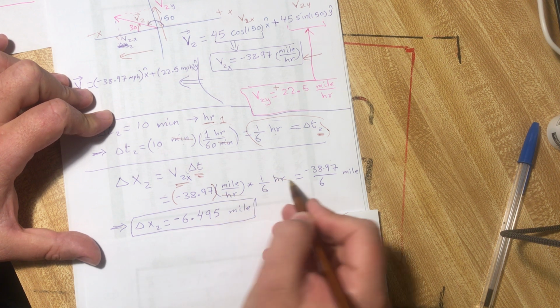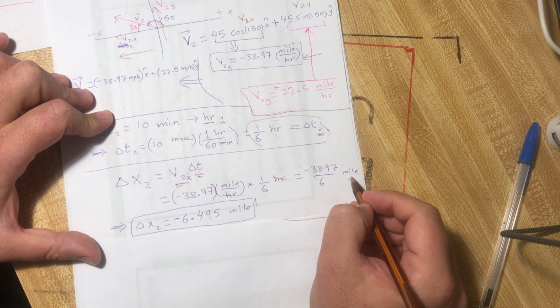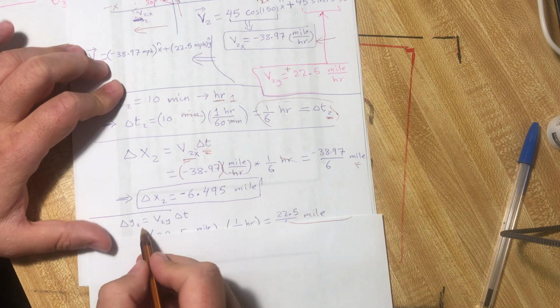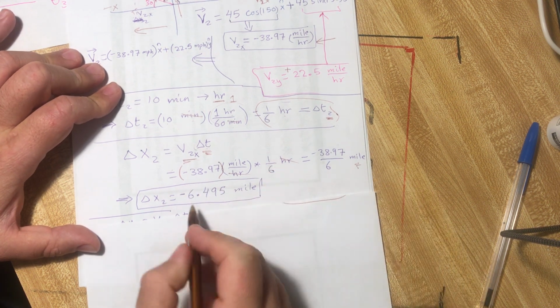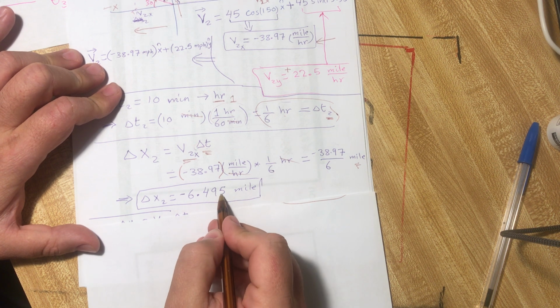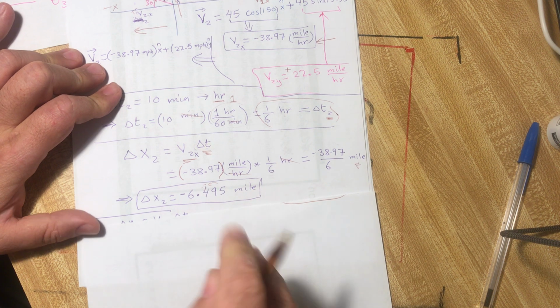Hour with hour is cancelled, then the rest unit is miles with a negative sign. So the change in position in the second stage is negative 6.495, which I can round to 6.5, miles.